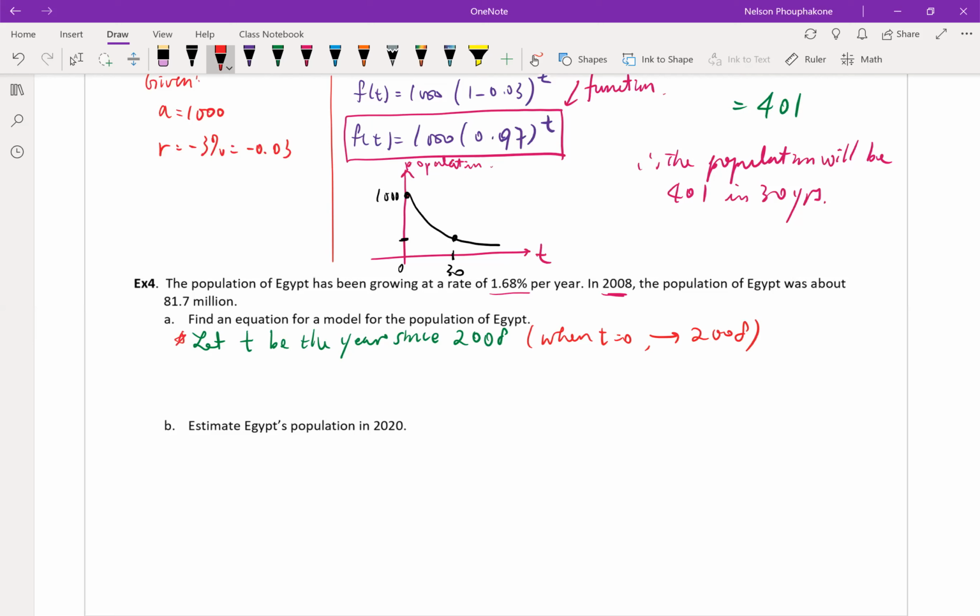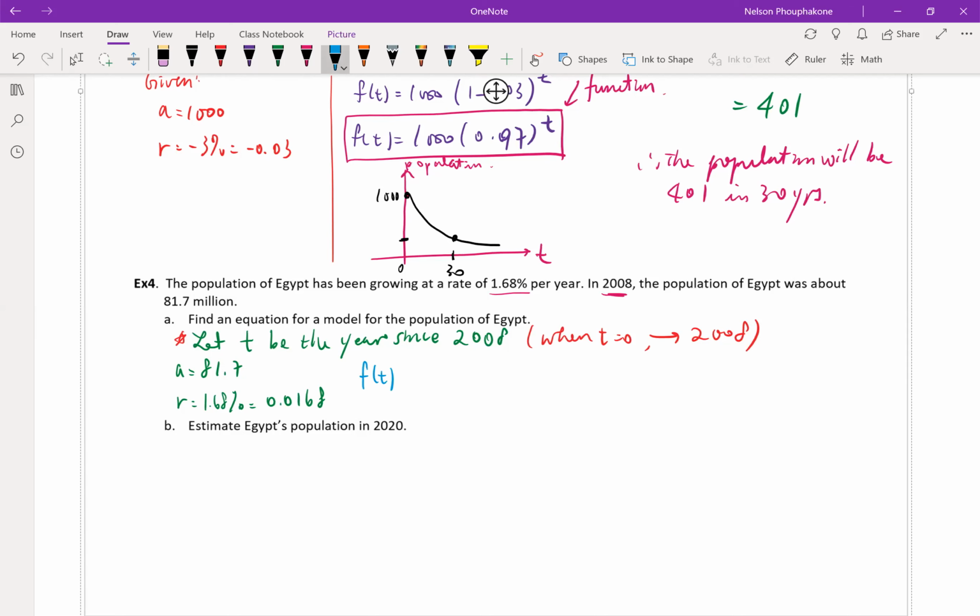In this case, my initial value will be 81.7 million, and my r is 1.68%, which is 0.0168. Then, of course, the function that I will have is f of t.